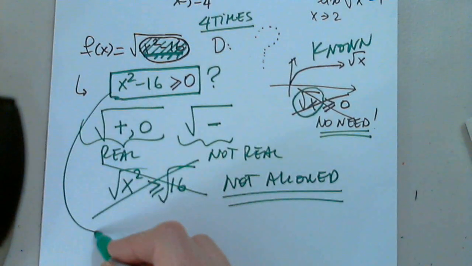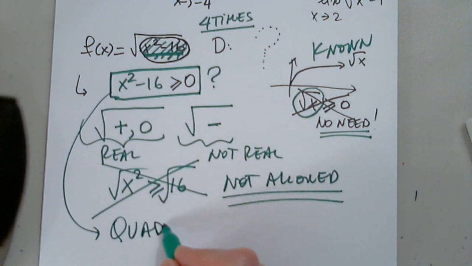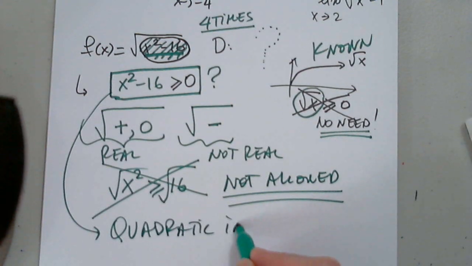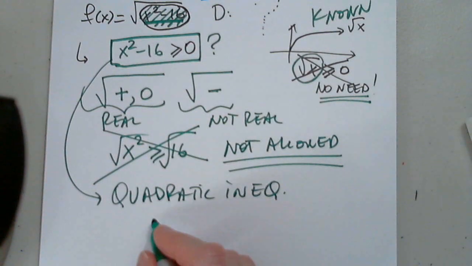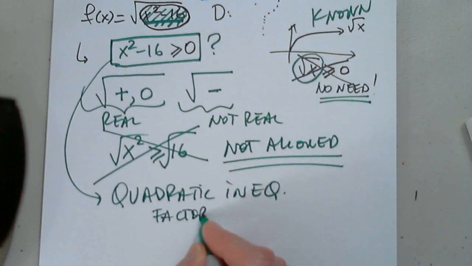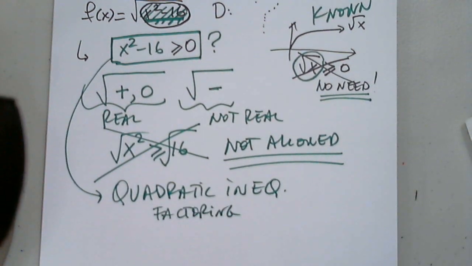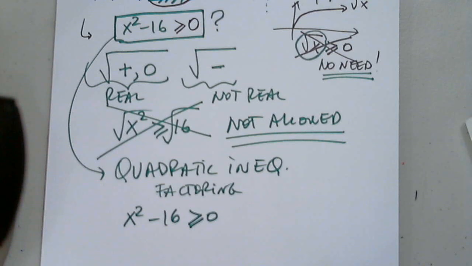How we solve a quadratic inequality is by finding the solutions, in this case, by factoring. So I have x squared minus 16 greater than or equal to 0. How do I factor this? X plus 4, x minus 4. Brilliant. Thank you very much, Rakita. Very good.